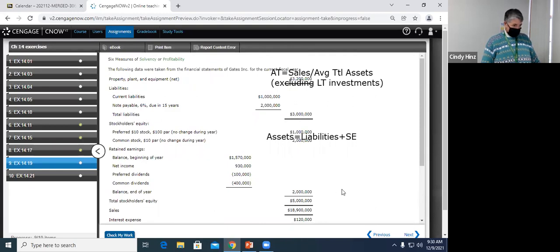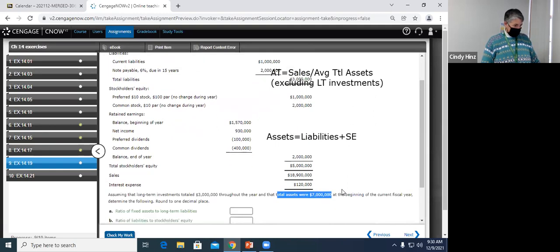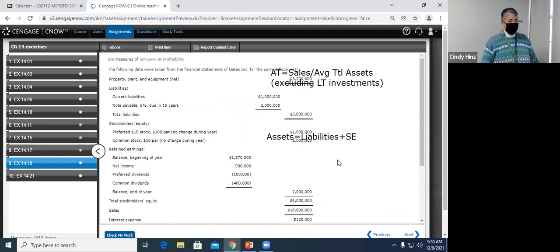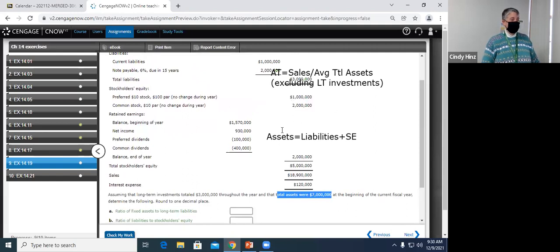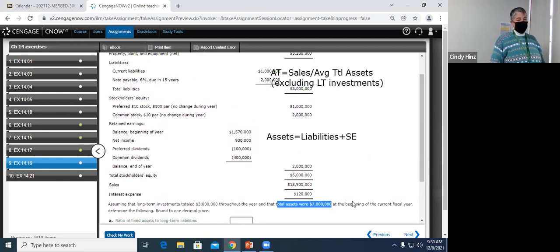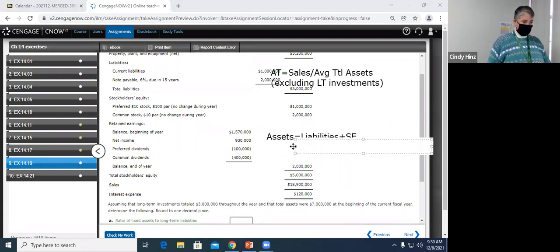We're still going to have to find the assets from the end of the year because we can't assume that they didn't change. It's much more likely that they did change. So that will be helpful to find the average, but it's not going to help us with the ending balance. So let's do that. Our liabilities plus equity.